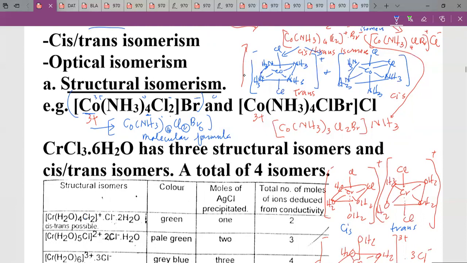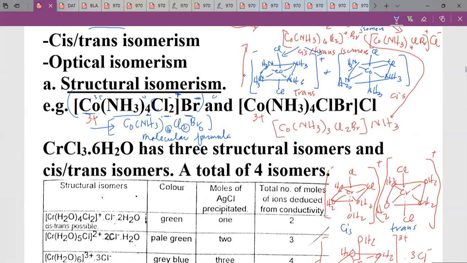One, of course, is to keep all the 4 ammonia inside and then the 2 chlorine here, which means the whole thing is 3 plus and minus 2 gives you plus 1 here. So the bromine is outside. Bromine here is an ion, attracted to it by just ionic bonds. But the chlorine and the NH3 are attracted by strong coordinate covalent bonds or dative bonds.